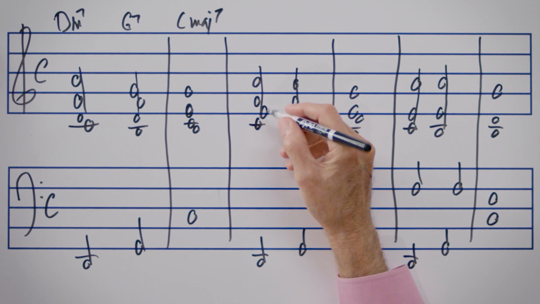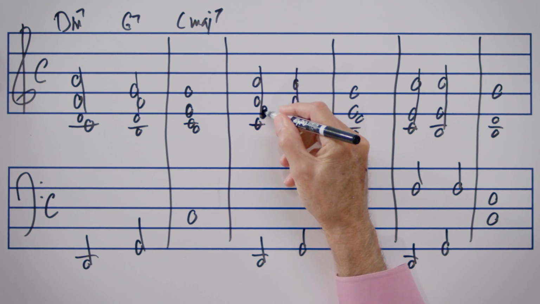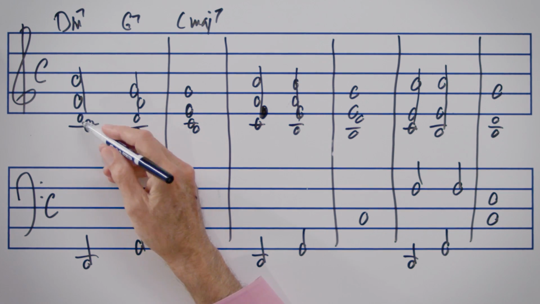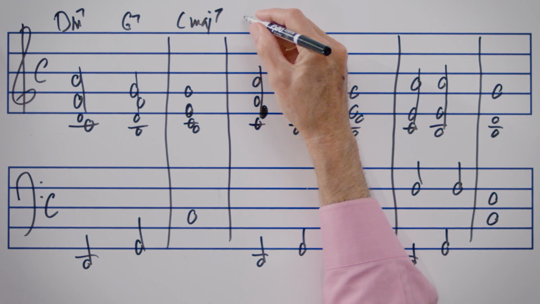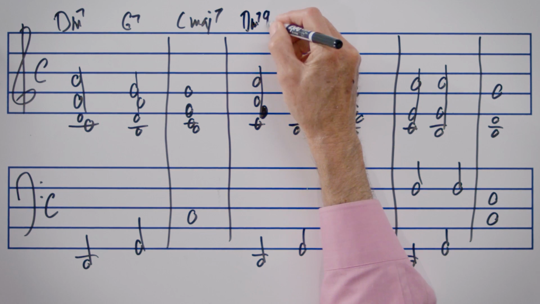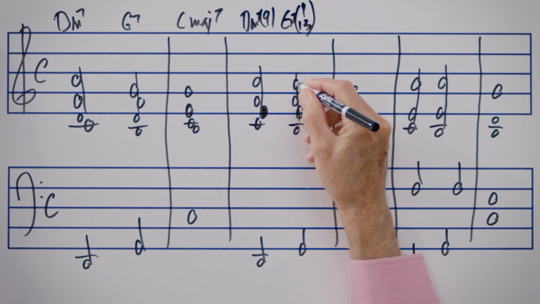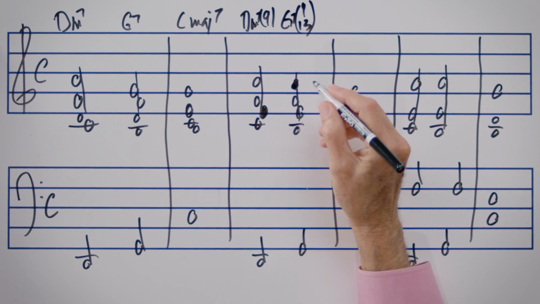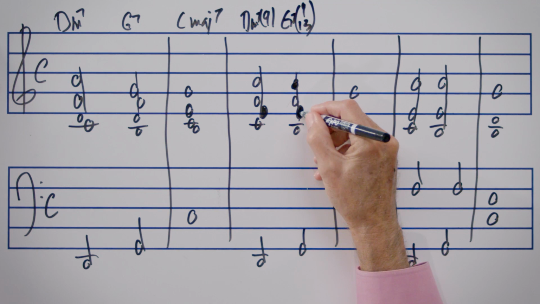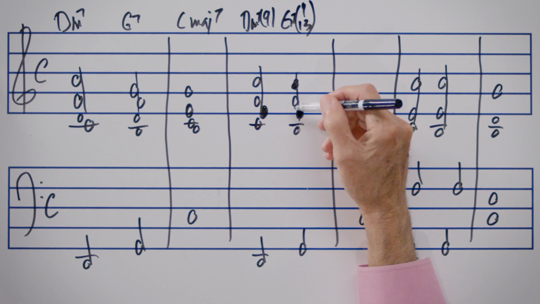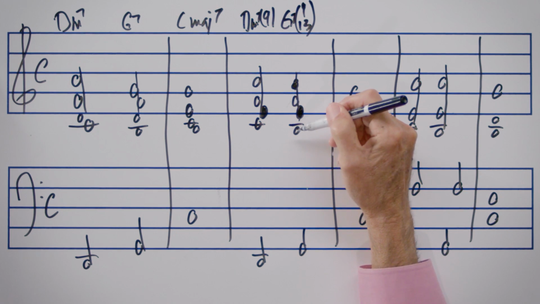And when we add tension notes, we add the ninth of the chord to the 2 minor 7, which would be the note E. Instead of the D, we're using the note E. And then on the G dominant 7th, we're using both the ninth and the 13th, and the ninth, of course, is the note A on a G dominant 7th, and the 13th is the note E. And so what we're left with on the G7 then, of course, is the 7th of the chord, F, and the 3rd of the chord, B.